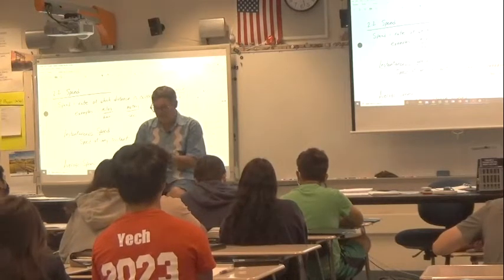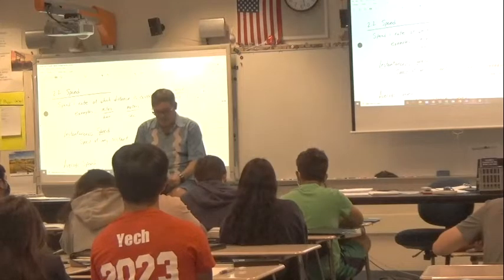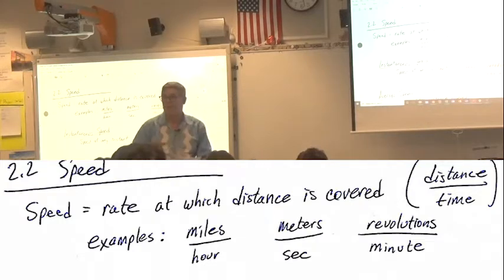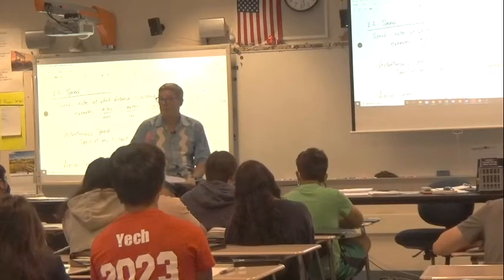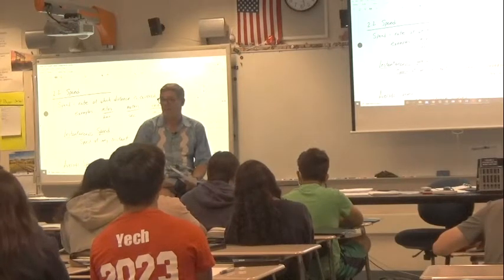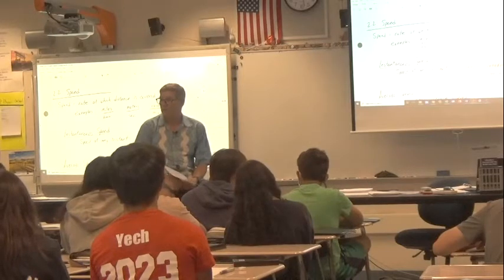So when you notice the units of my speed, miles per hour, or meters per second, or revolutions per minute, those are all different measures of speed, but they have one thing in common. They're all some distance divided by some time. So if you want to talk about your car, miles per hour is a good thing to talk about.